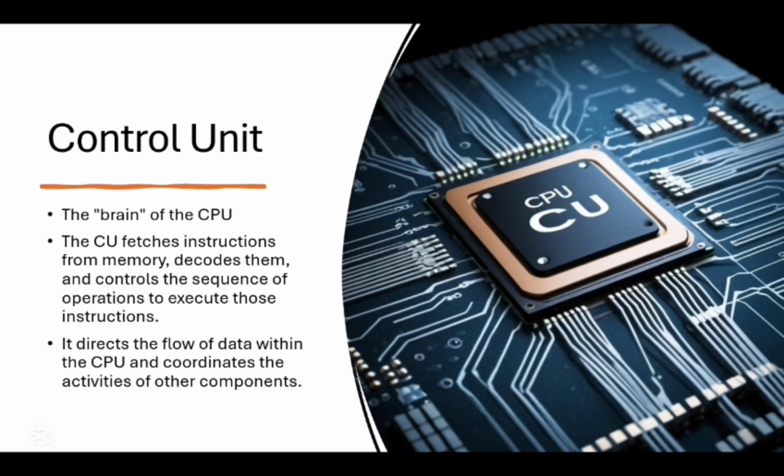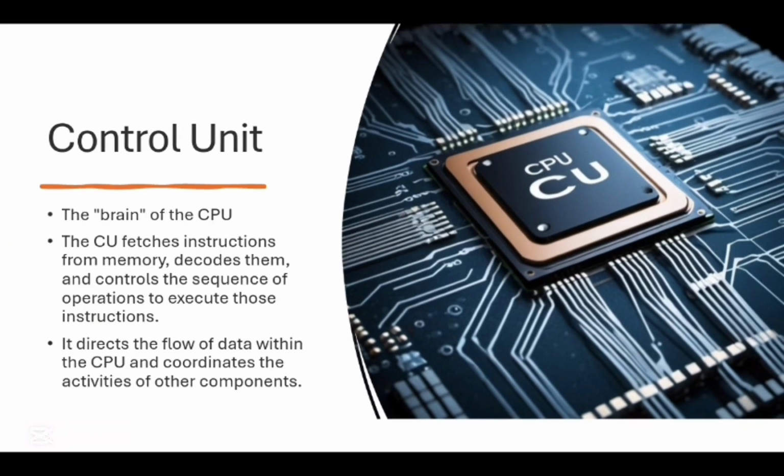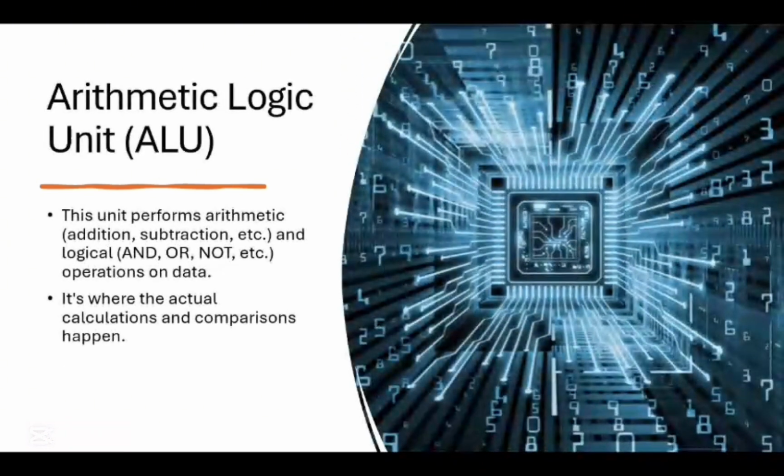Next, we'll look at the component that performs the calculations, the arithmetic logic unit. This is the arithmetic logic unit, or ALU. This unit performs all arithmetic operations such as addition and subtraction, as well as logical operations like AND, OR, and NOT.